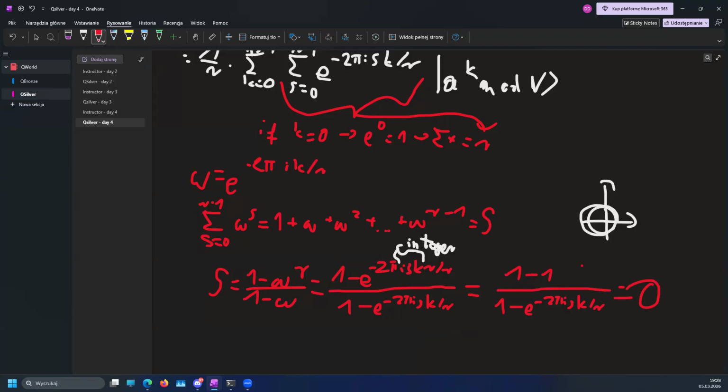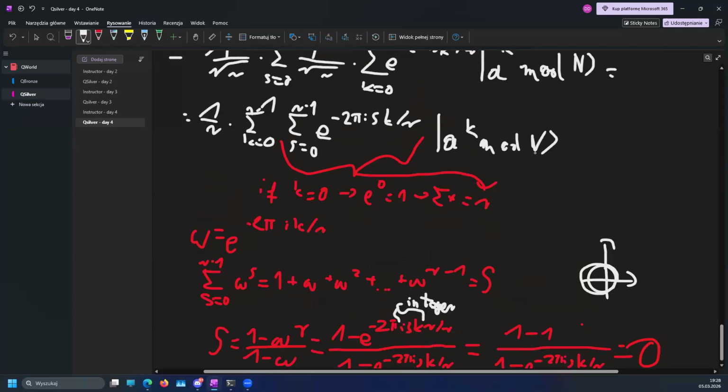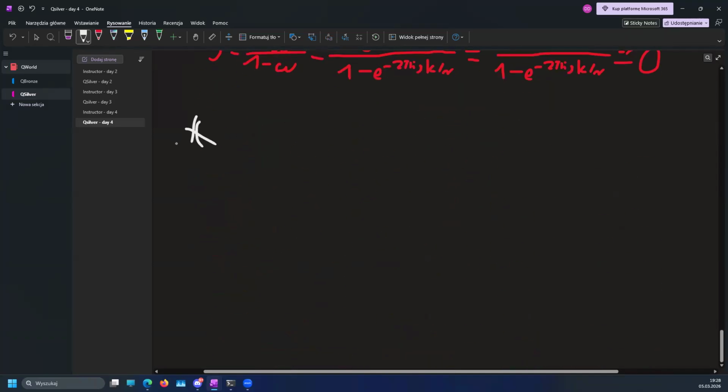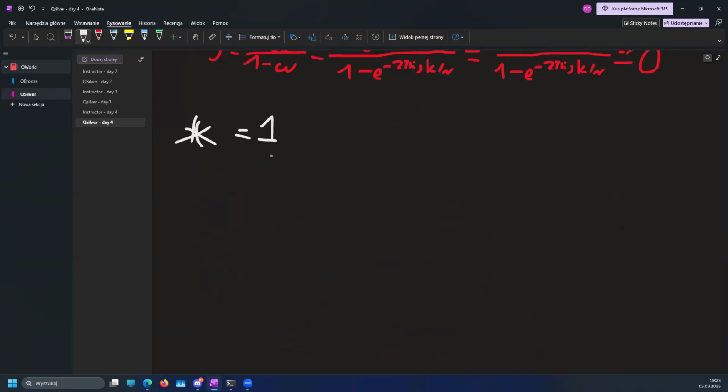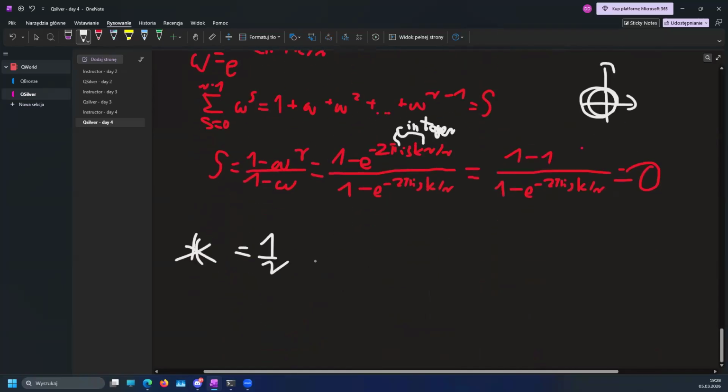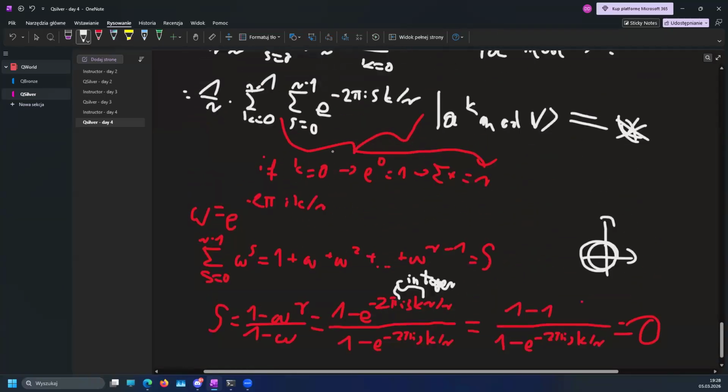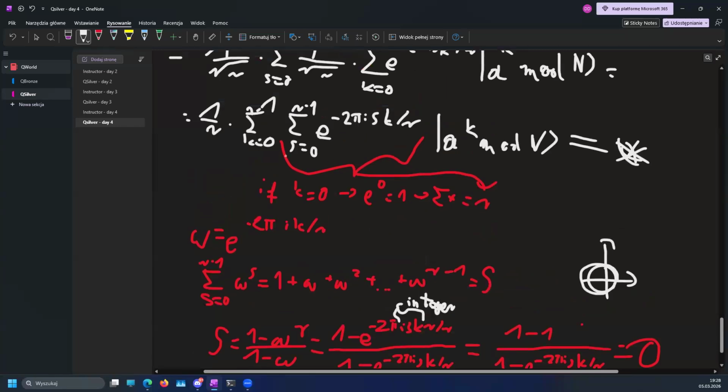So now we can see that this expression, I will mark it with an asterisk, is equal to 1 divided by r times r, because we know that this summation is equal to 0 for most cases, but when k is equal to 1, it is equal to r.